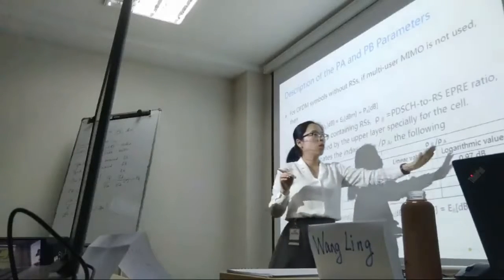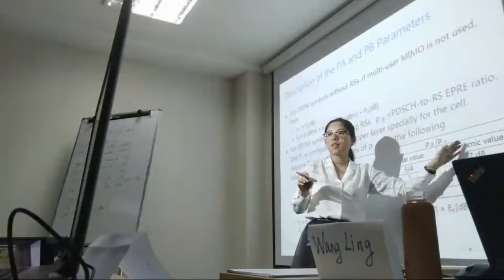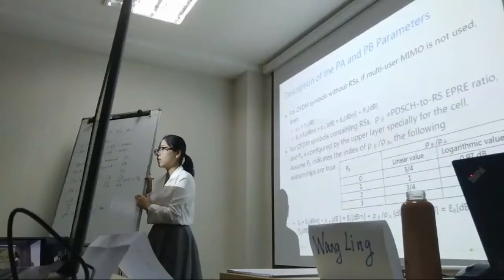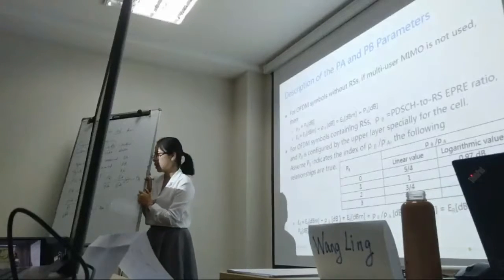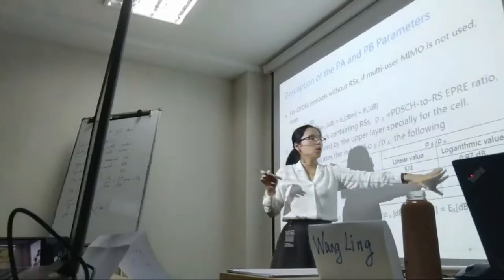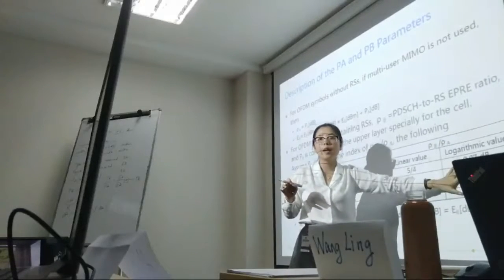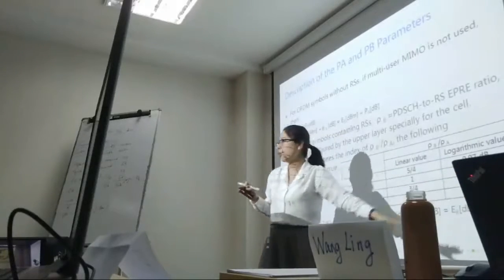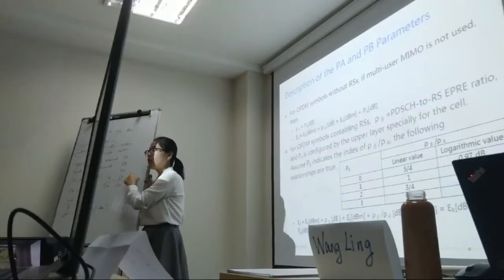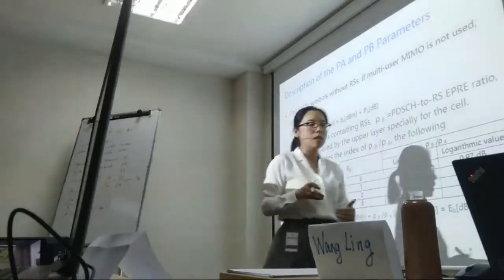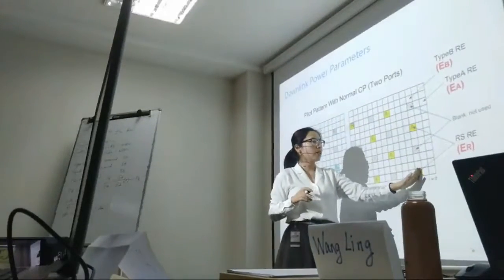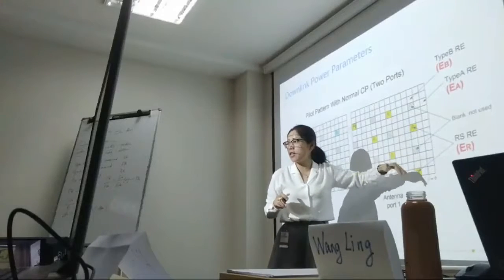So we change it to the log value like this. So this is the table. We can refer to it directly. So if now I configure the PB, you can refer to one value, rho B divided by rho A, and from this value you can get the PB energy and the type B RE energy. So for different RE, for type B RE and type A RE and the RS energy, you will get every one.